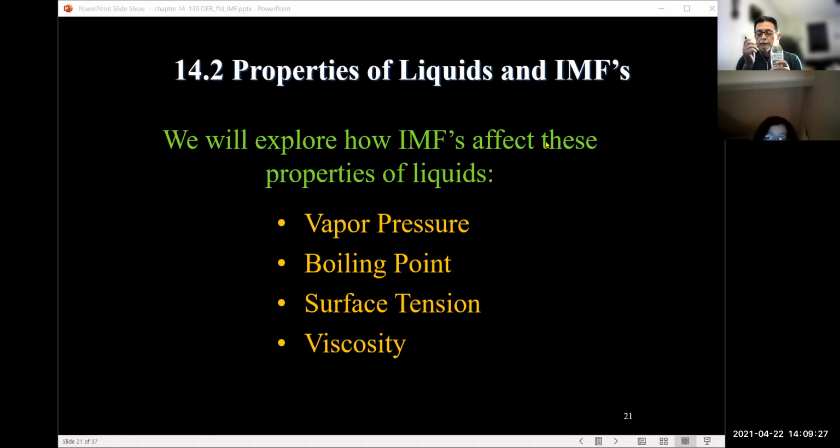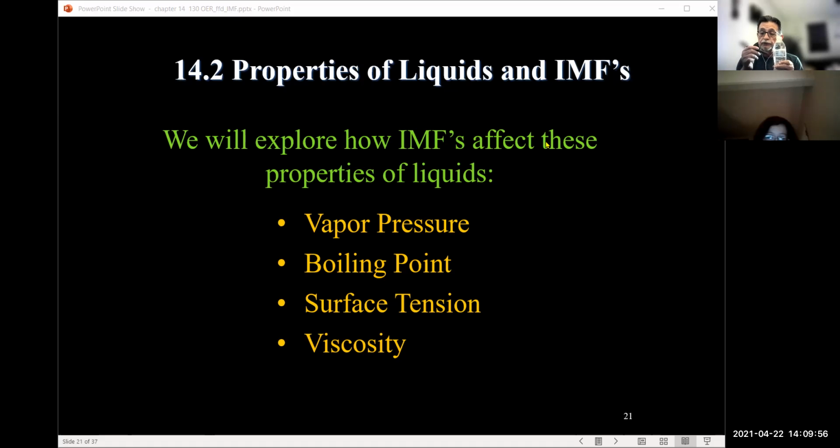Now, think about this. If these molecules of water or whatever liquid you have in the bottle hold on to each other very tightly because their intermolecular forces are strong, then that vapor pressure will not be very high because they're holding on to each other very strongly, okay?